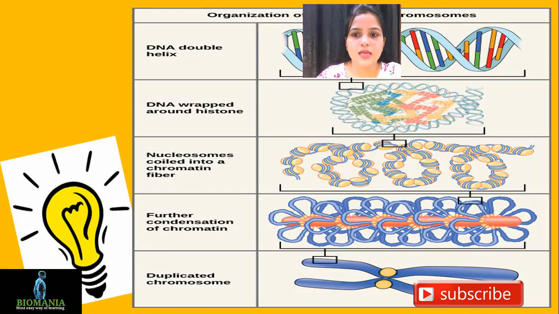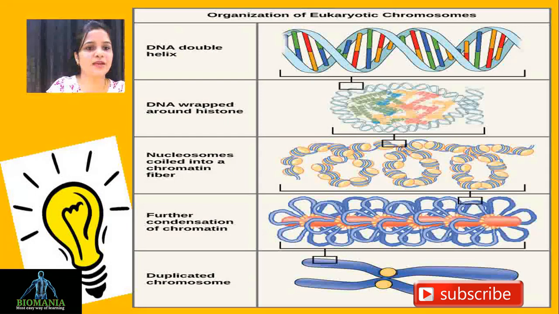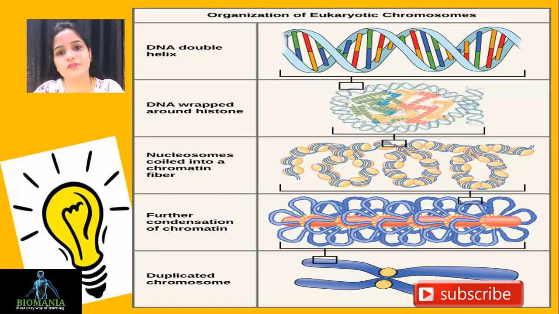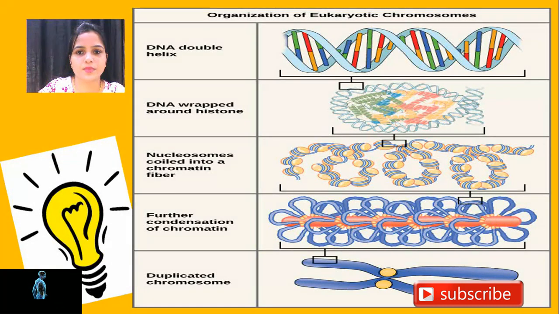Okay, this type of diagram I have shown you in the prokaryotic versus eukaryotic cell, somewhat like that. Here I have described each part. Here you can see the DNA structure. There are different bases present here: adenine, thymine, guanine, cytosine.